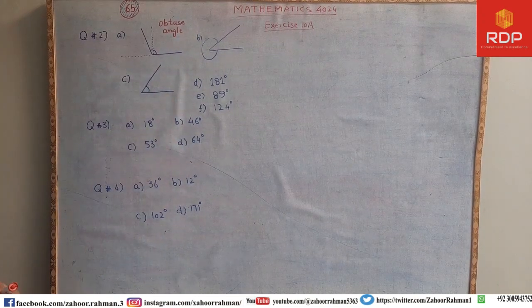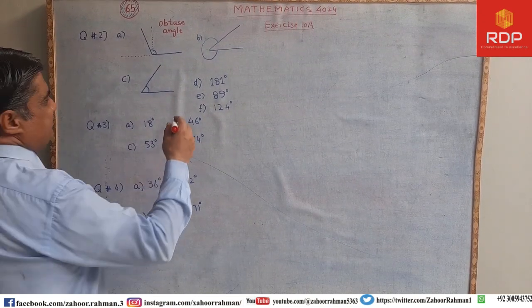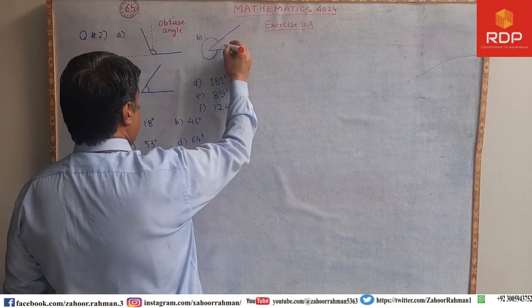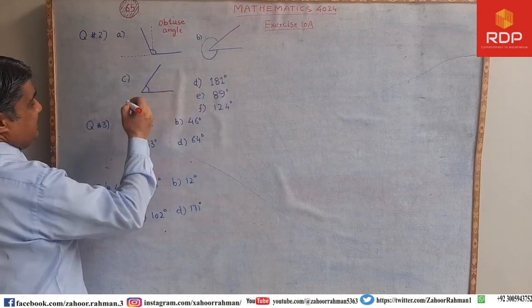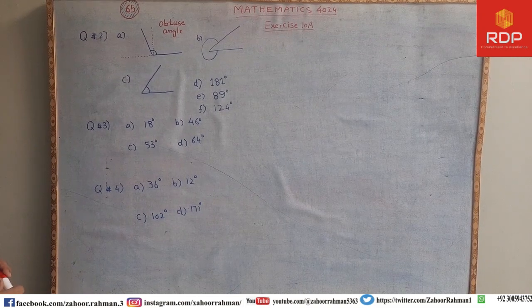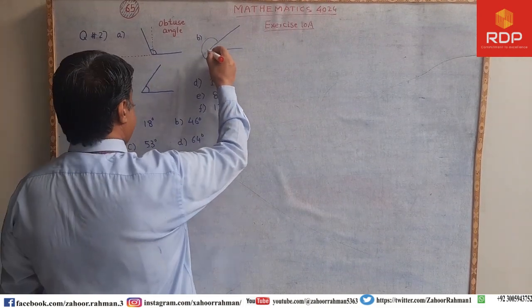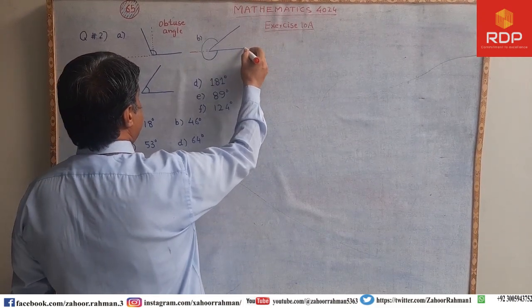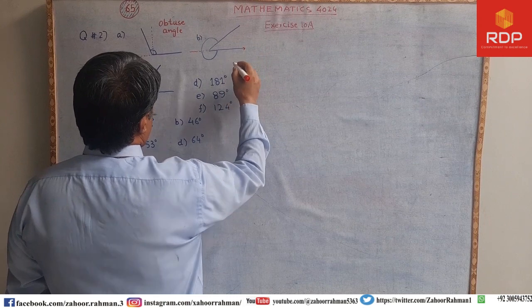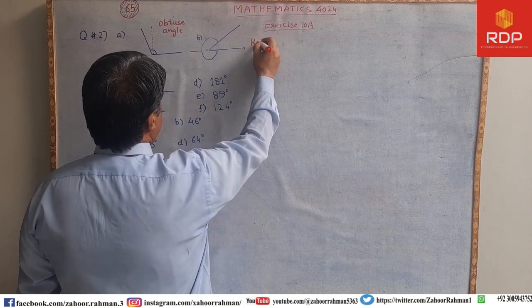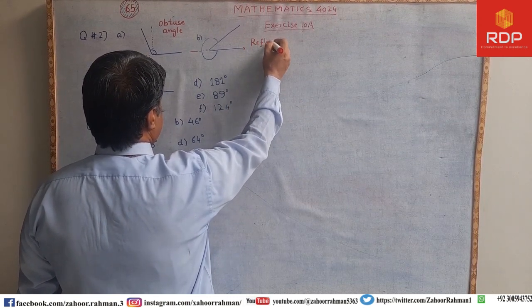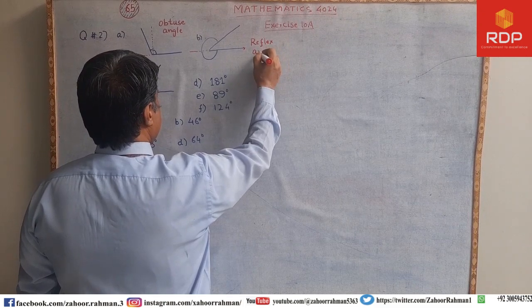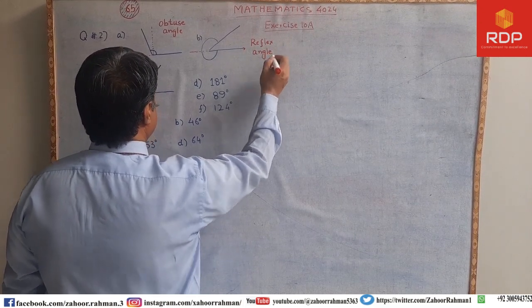Now ladies and gentlemen, B is this angle, not this angle, as they are saying in this particular case. So it is greater than 180 and less than 360, so it is called a reflex angle.